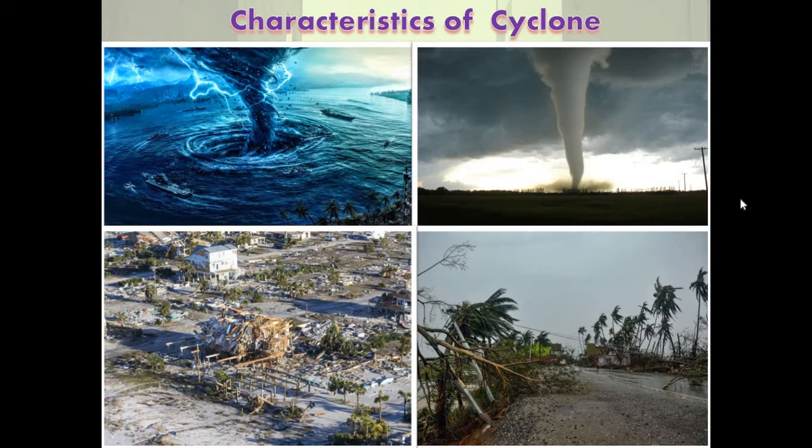Okay, and in the eastern region we call it cyclone. Okay, in the area of China they call it typhoon. Okay, and tornado is a land area cyclone. And okay, so these are the different names by which cyclones occur, area wise.